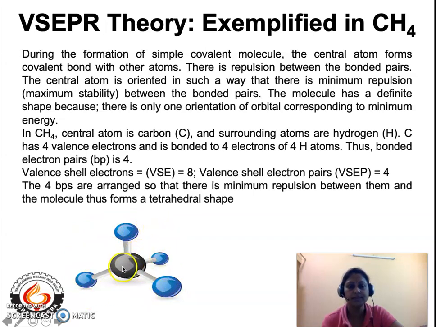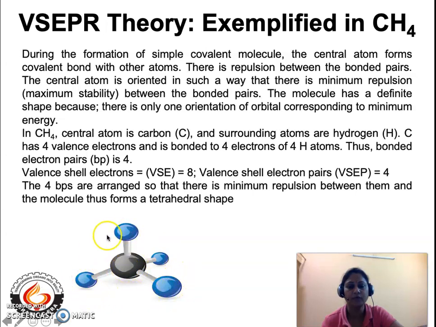Since the bond pairs are involving electrons and the electrons are negatively charged, there will obviously be repulsion between one bond pair and the other bond pair. So there will be repulsion between this bond pair and this bond pair, between this and this, between this bond pair and this, and finally between this and this.